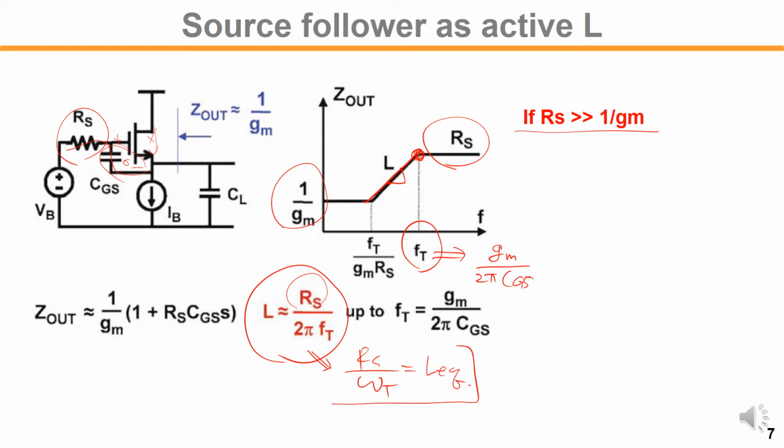The larger the Rs, the larger the inductance, and the larger the omega_T, the faster the transistor, and we get lower inductive behavior. This is something that we had looked at before.